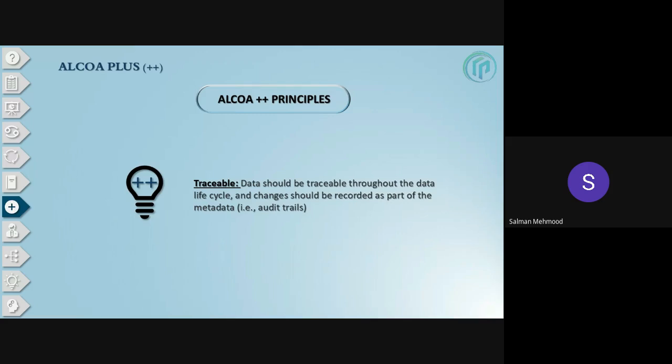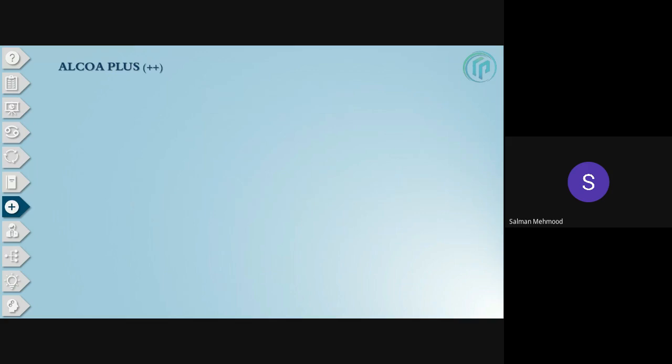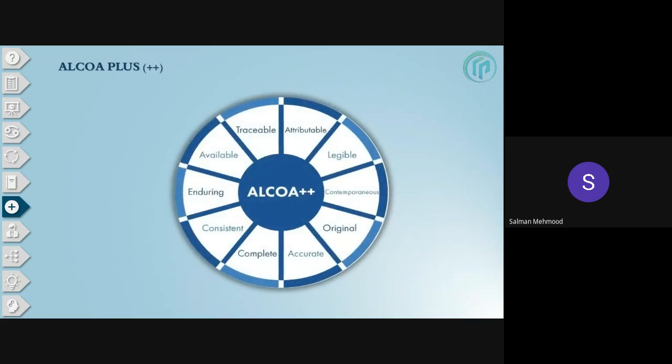It focuses on how system controls and culture protect the data. I mean, data is traceable, transparent, and trusted throughout the organization. So this is the whole ALCOA, ALCOA plus, and ALCOA plus plus.